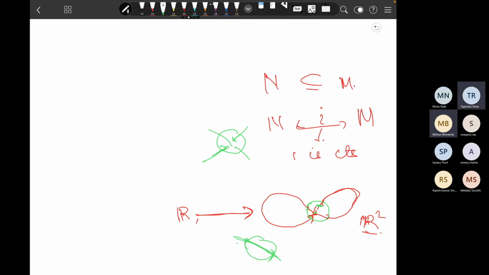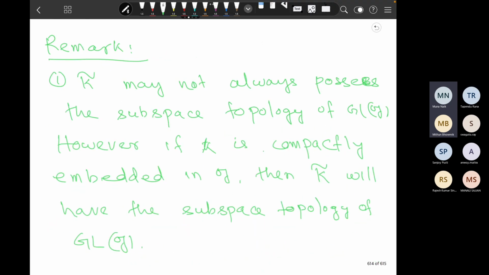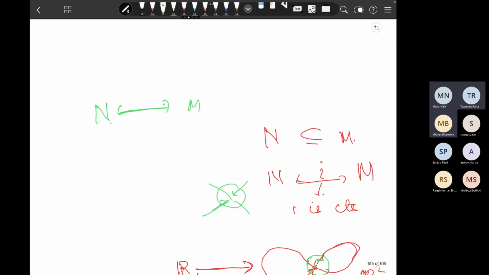But this is not an open set in the subspace topology of R^2. So the inverse map is not continuous. And if N is compact, there is a theorem that if N is compact and Hausdorff, and the map is continuous and one-to-one, then automatically the inverse map is continuous.